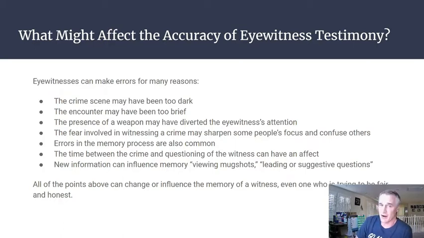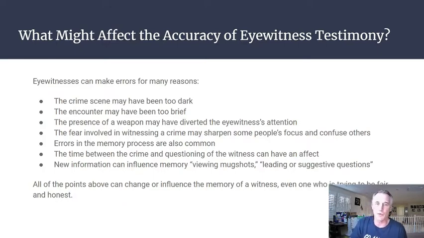Eyewitnesses can make errors for many reasons. Here are some examples. The crime scene may have been too dark. Maybe the encounter was too brief. The presence of a weapon or the threat of a weapon may have diverted the eyewitness's attention. Sometimes when there's a weapon involved, they're so focused on the weapon that they don't even really look at the face of the person threatening them.